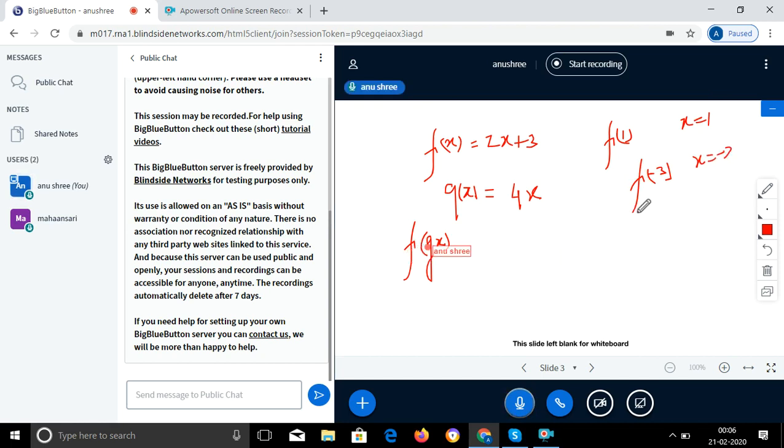Same as if it's f(g(x)), that means we have to put x equals g(x). So in this equation, put x equals g(x). So it will be 2 multiplied by g(x) plus 3. Is this clear?